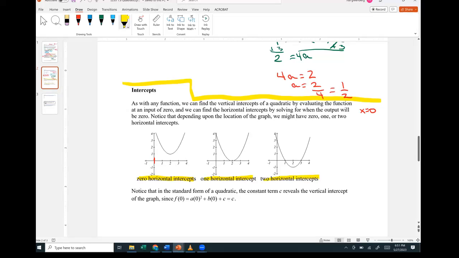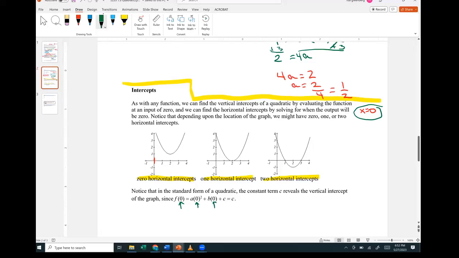How will you know what you have? Well, notice that in the standard form of a quadratic, the constant term c reveals the vertical intercept of the graph. So what we're saying here is, since we know x equals 0, we plug in 0 for x.